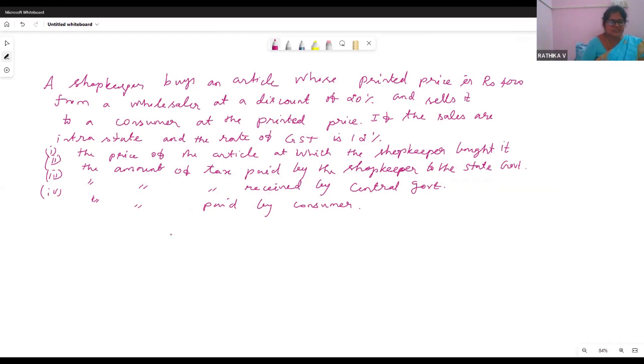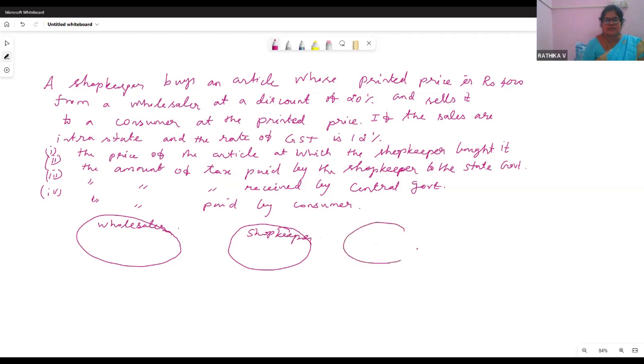So just you can try this here. Once again, this is wholesaler, and in the middle, shopkeeper, and consumer.